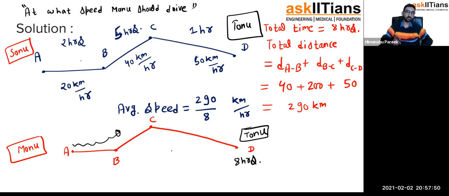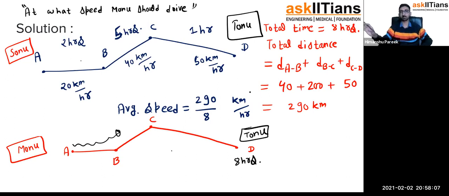At what speed should Monu drive the bike so that he reaches Tonu's place exactly after 8 hours, without taking any more or less time? Exactly 8 hours, the same time.